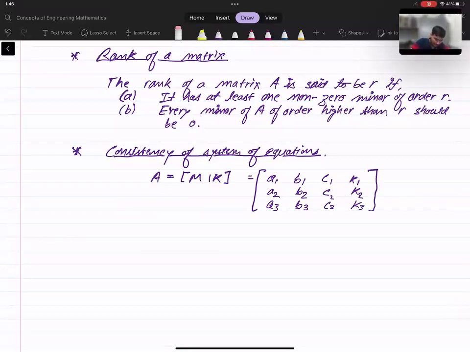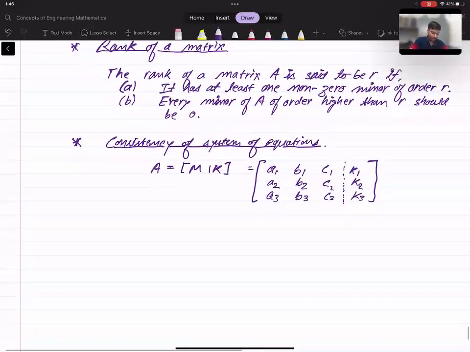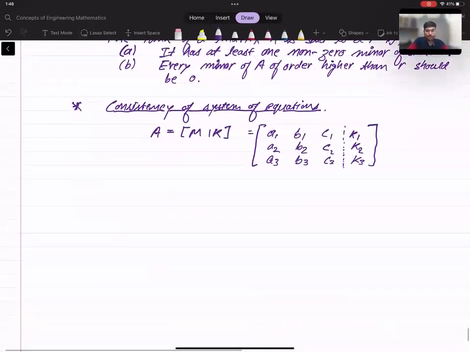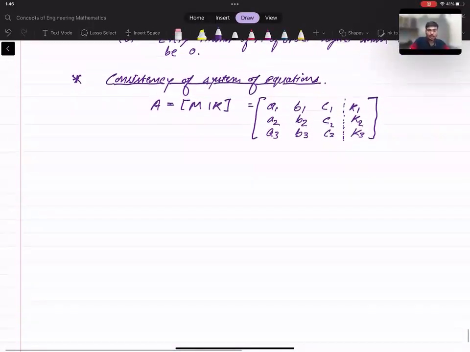Here this extra column has been added. I'm drawing these dotted lines just to indicate that this has been augmented here. So like this. Now to check the consistency, we need to find the rank of the coefficient matrix and the rank of this augmented matrix, and based upon that we can predict the consistency.